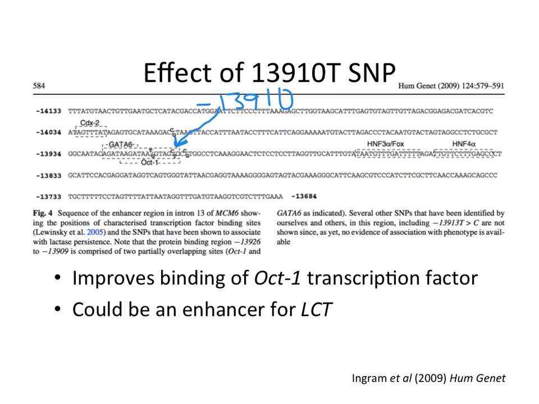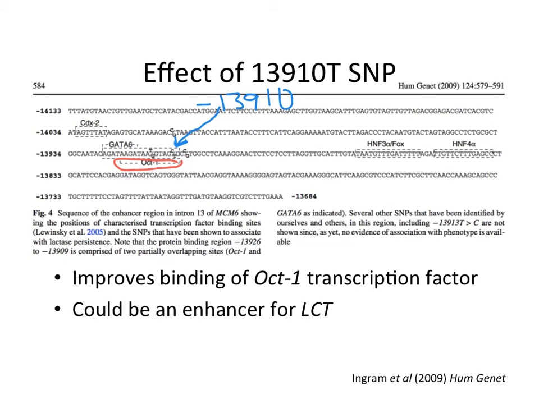That one nucleotide change is in a binding site for this protein called OCT1. That's what that dashed line indicates. It's the DNA sequence that the OCT1 protein, a transcription factor, recognizes. So there's a transcription factor that binds there, the OCT1 protein.